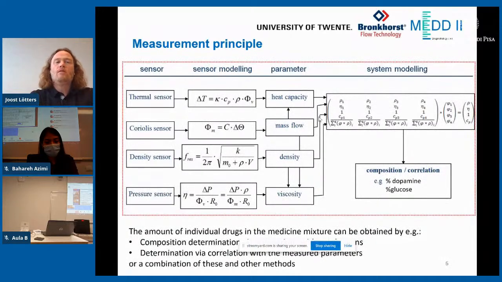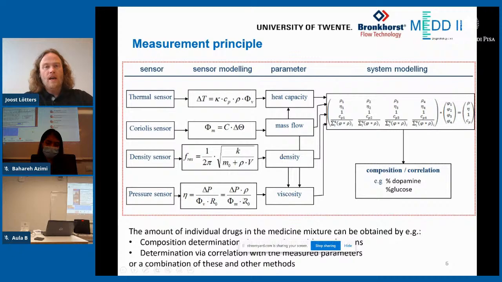This is more the mathematical model behind it. In this case, we have 4 different sensors: the Coriolis flow sensor, the density sensor, the pressure sensor, and a thermal sensor. Because we know the behavior of each sensor, we know which properties affect the output of each sensor. We can combine the values of these sensors, and then calculate, for instance, the viscosity. How does that work? That's with the Hagen-Poiseuille equation shown here.